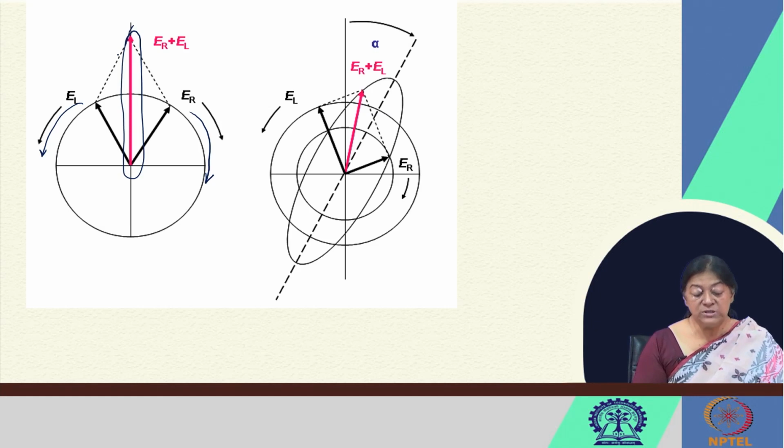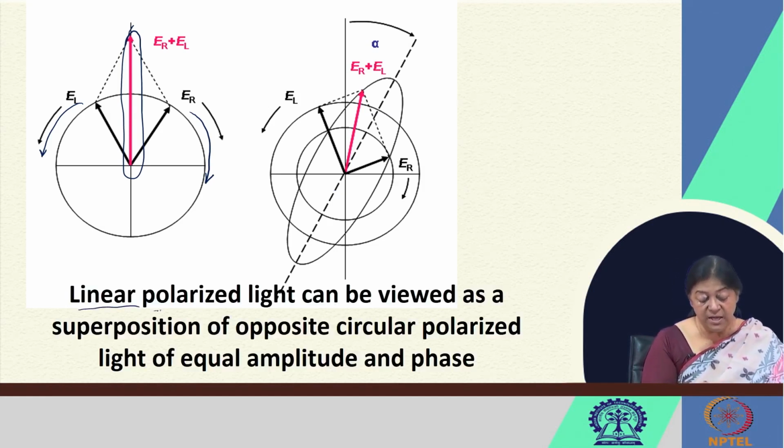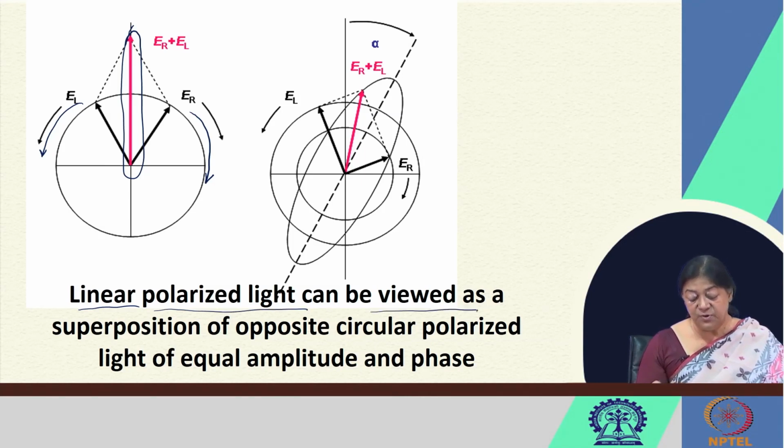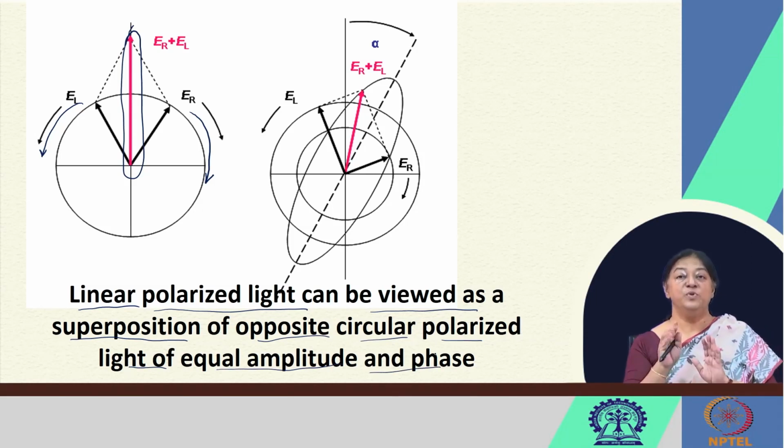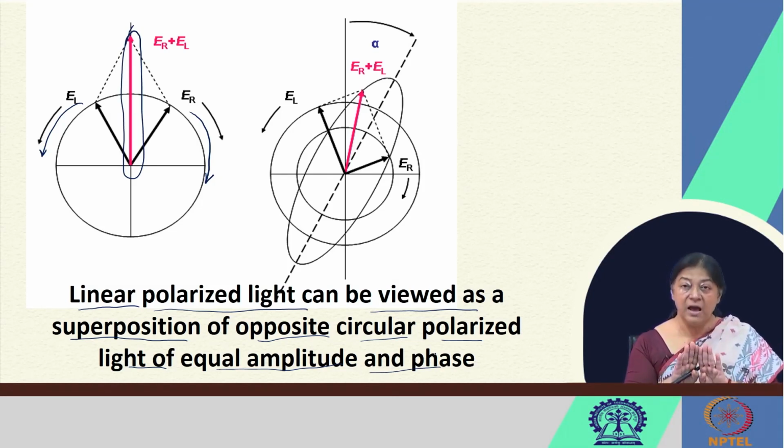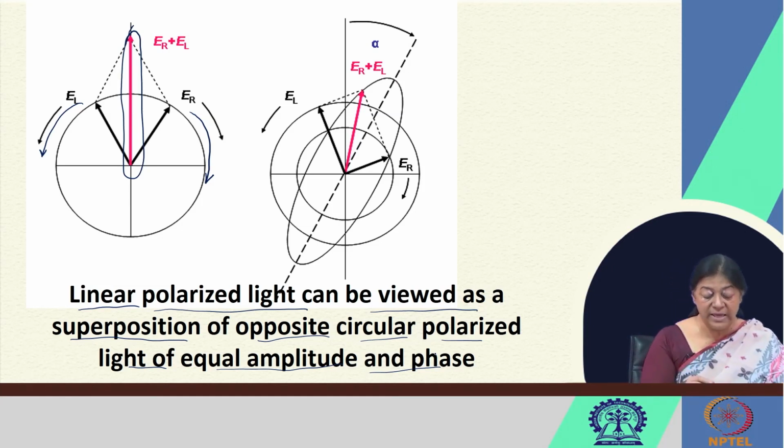Essentially, linear polarized light is viewed as a superposition of the opposite circularly polarized lights which are of equal amplitude and phase. So, if we have the right circularly polarized light and the left circularly polarized light and they are superposed, we get linear polarized light.